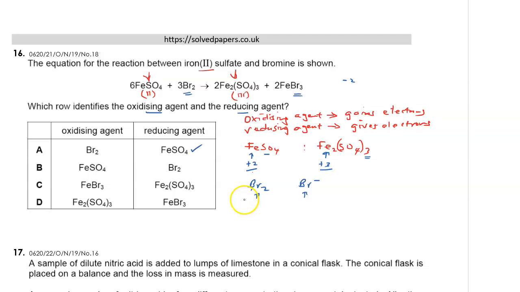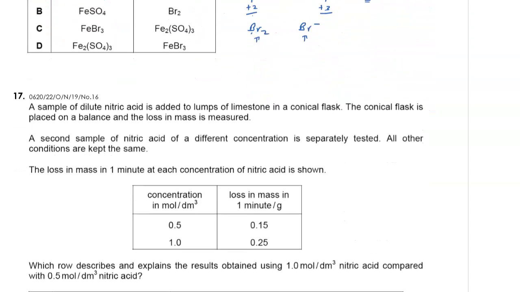So bromine is the oxidizing agent. So the oxidizing agent here is bromine. Therefore, the answer to this question is A. The oxidizing agent gains electrons, the reducing agent gives out electrons. So the answer there is A.